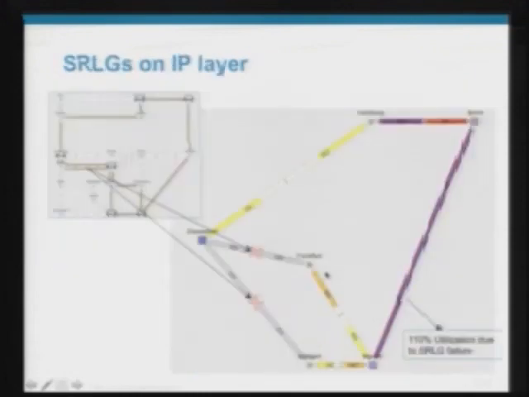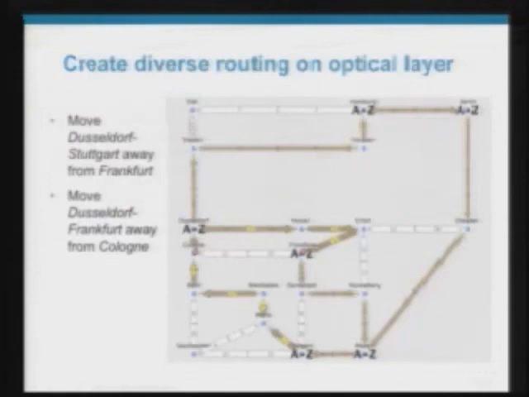And what that means is that a single optical failure, a single SRLG, a single thing, could bring down 2 of the major core links, which is undesirable. So it's not so bad. What you can do is, instead of routing Düsseldorf to Frankfurt over this shortest path, you can go slightly longer through Kassel and Erfurt.